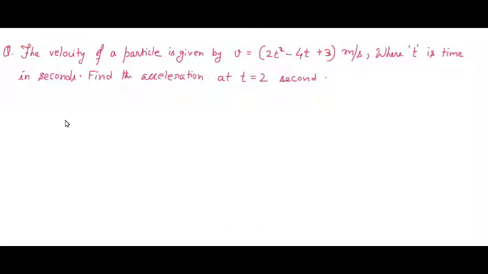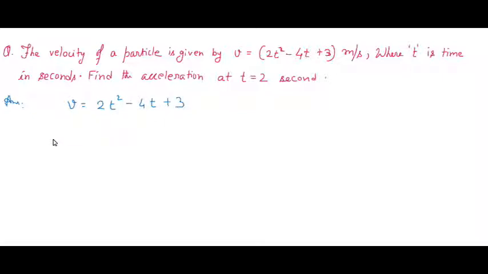So let us see our first question. The velocity of a particle is given by v is equal to 2t square minus 4t plus 3 meter per second, where t is the time in seconds. Find the acceleration at t is equal to 2 seconds. So v is equal to 2t square minus 4t plus 3.